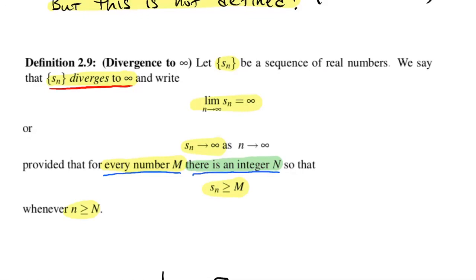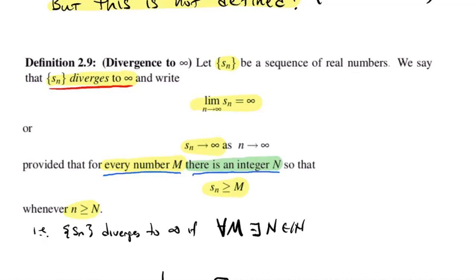All right. So if we write that in chalkboard symbols, what are we saying? We're saying that it diverges to infinity if for every number m, there exists some number capital N, an integer.